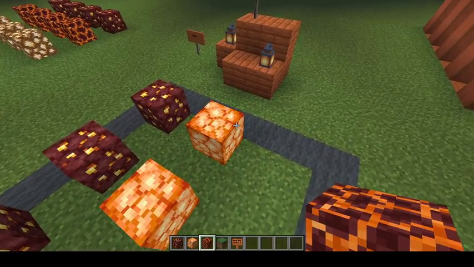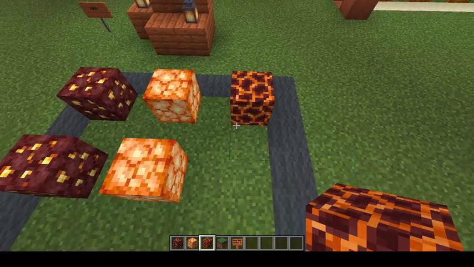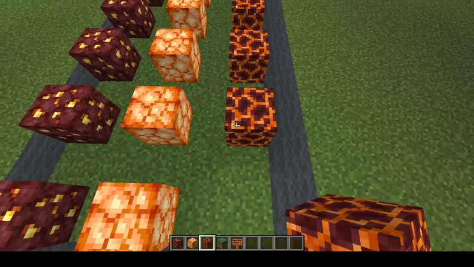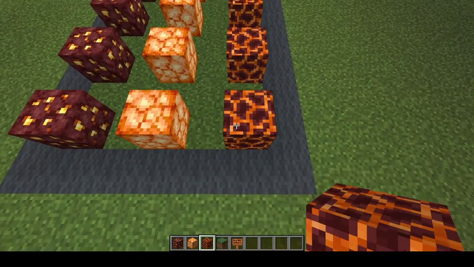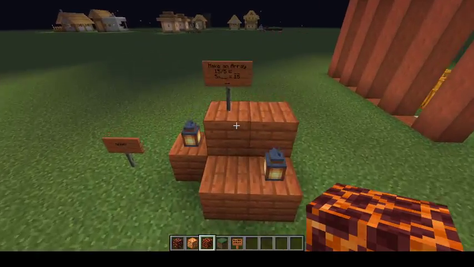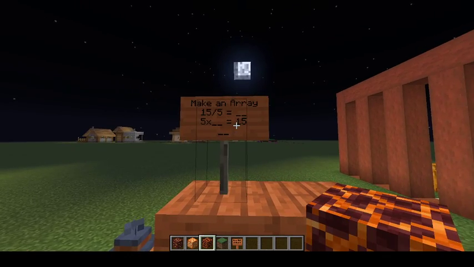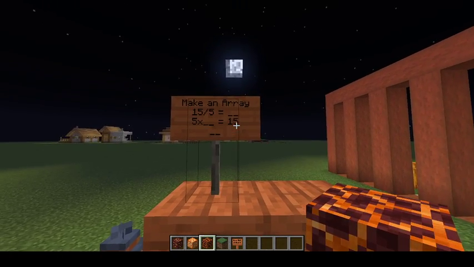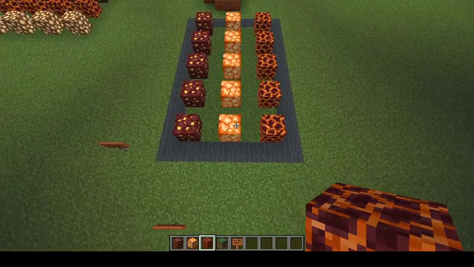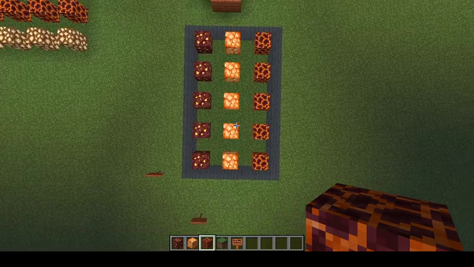So we were at 10. We'll start 11, 12, 13, 14, and 15. That is our ending number of the second equation there. So 15. So we have made it to the amount of blocks that we needed.